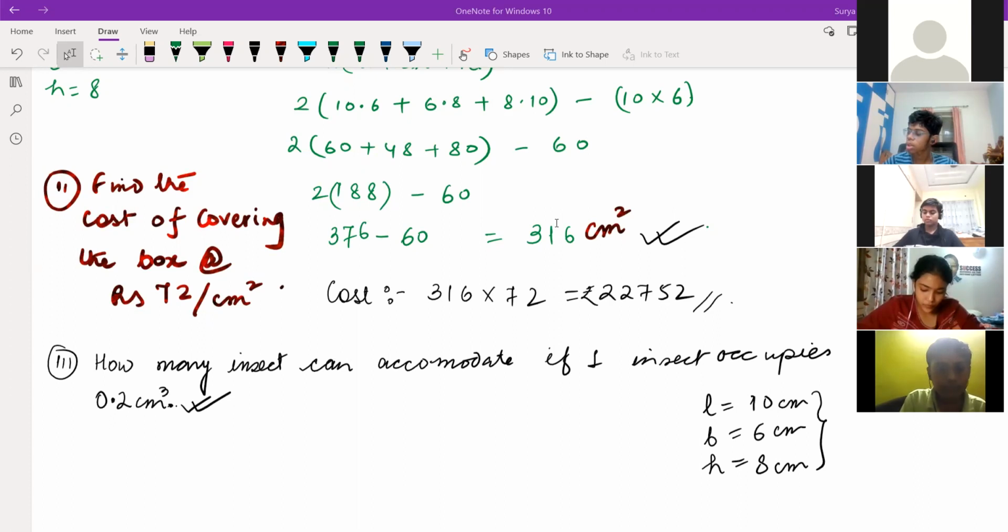Anyway, to find the volume and number of insects they can fit, the answer is 2,400. Satvik, you got 1580, right? Yes, sir. Vivek, how much you got? Sir, 1 minute, I'm doing. Sir, it's wrong. Tejas, what is your answer, child?